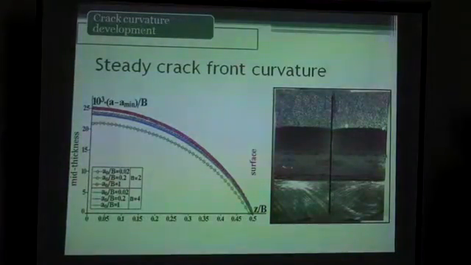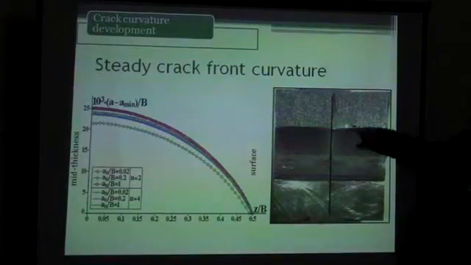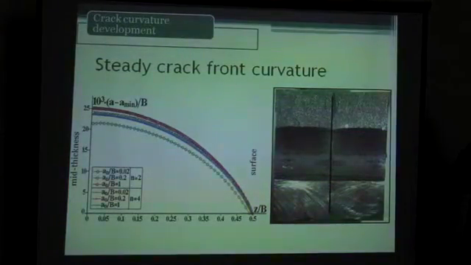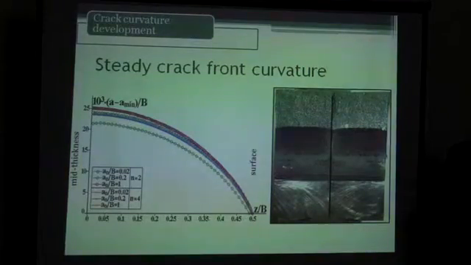If we consider, for instance, the near-threshold regime, it is also going to depend on delta K threshold. And if you consider crack closure, it's going to depend as well on the crack opening. However, when we did this analysis, we found out that our crack's driving force was delta K, not delta K effective.